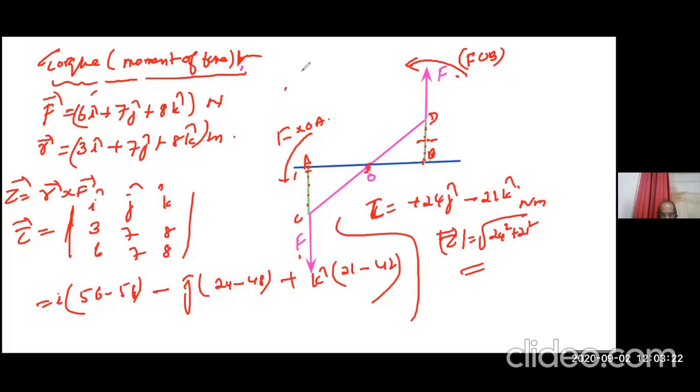Sir, it should be minus 21 square, right? Minus 21 square means 21 square only will come, right?